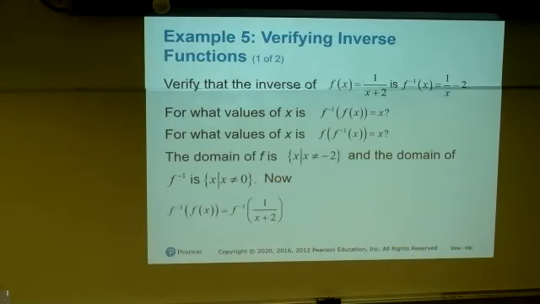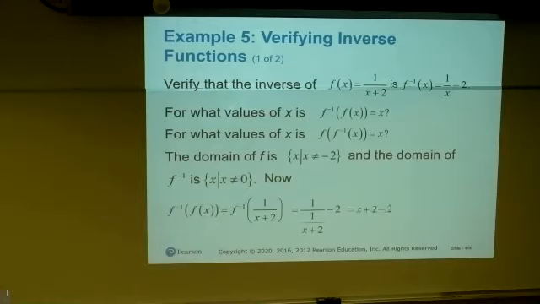All right, so we're going to put 1 over x plus 2 in for x in F inverse. So 1 over a fraction is the reciprocal of that fraction. So 1 over x plus 2 is just x plus 2.